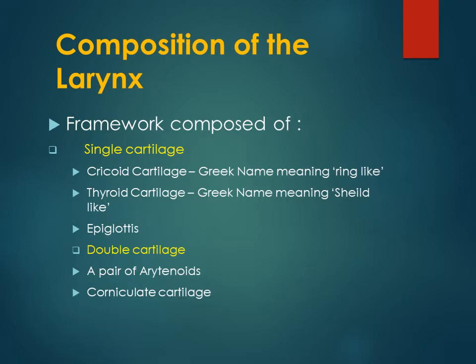It's composed of a framework of cartilages, which is either single cartilages or a pair of cartilages, as the arytenoids and the corniculates, and the main structure is formed by the single cartilages like the cricoid and thyroid and the epiglottis.